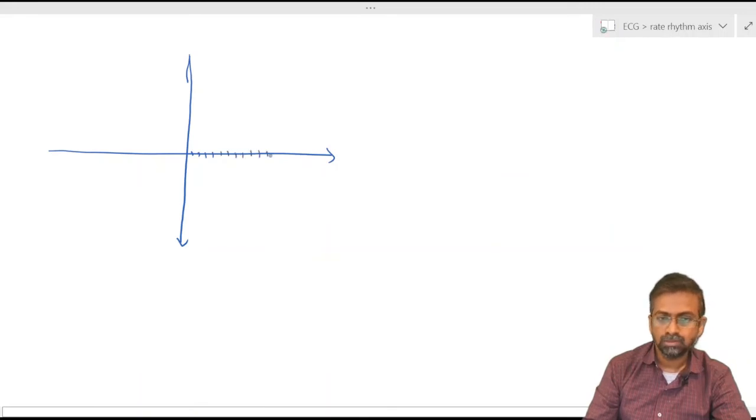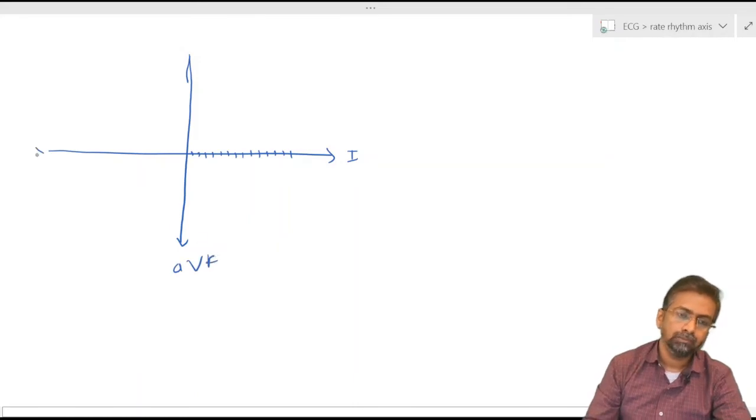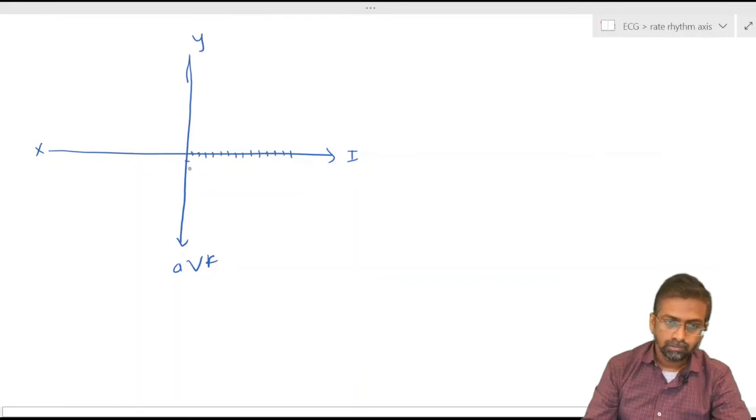So this is lead 1, and this is lead AVF. This is obviously the x-axis and this is the y-axis. The values here are positive. This one is also positive. The values here are negative.